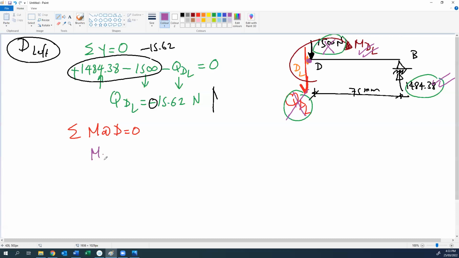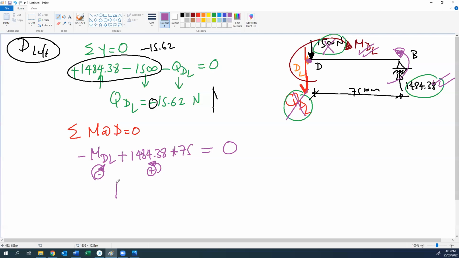MD left is negative because rotating clockwise, plus this force rotating anti-clockwise, so plus 1484.38 multiplied by the distance 75, positive because it's rotating anti-clockwise, this should be 0.